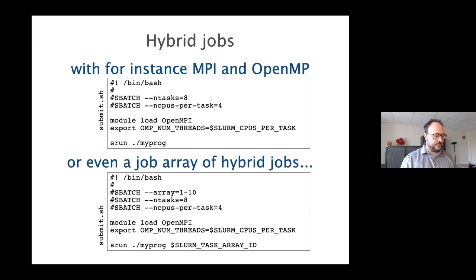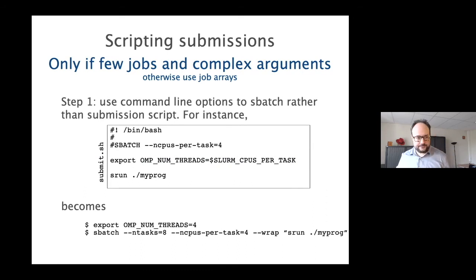Now, a few words about submission. I've said that if you have a few or even a large number of jobs to submit that do exactly the same thing, a job array is the way to go, but sometimes it's not possible and you want to script the submission. So you want to write a small script or a one-liner command in Bash that will run the sbatch command for you. You can do that thanks to the wrap option of sbatch.